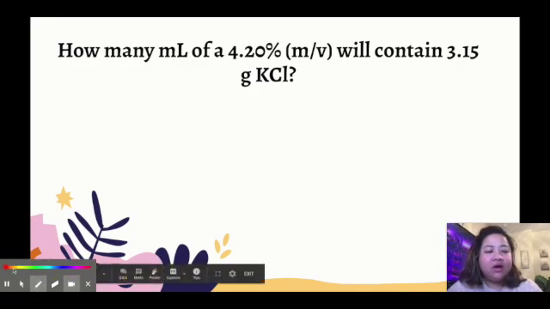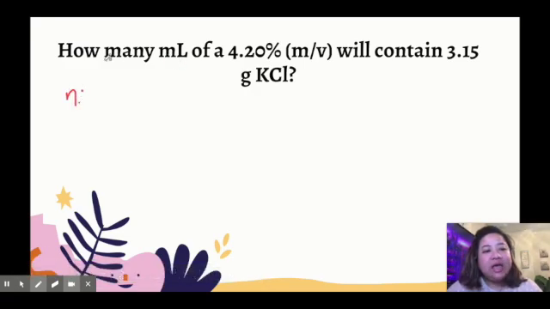Now let's have our unknown. Our unknown is how many ml. So basically, ml is a unit for volume. So our unknown is the volume of the solvent. All right. And for our given, we have 3.15 grams of potassium chloride.